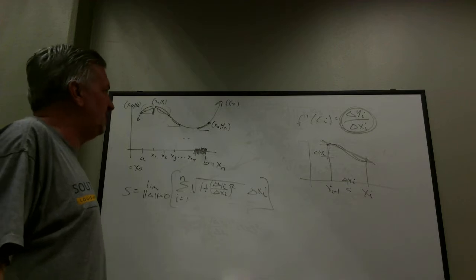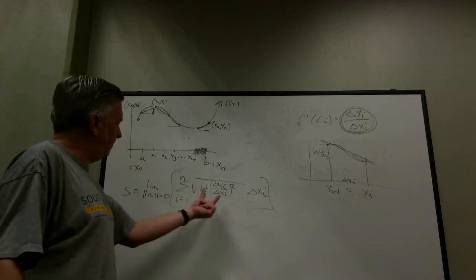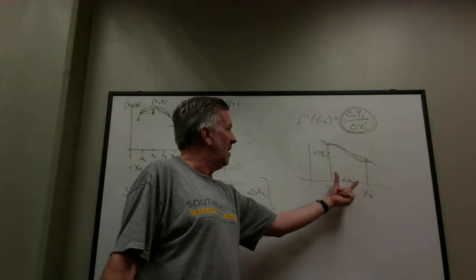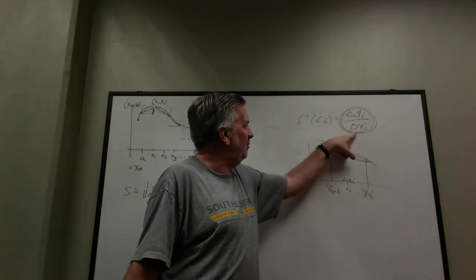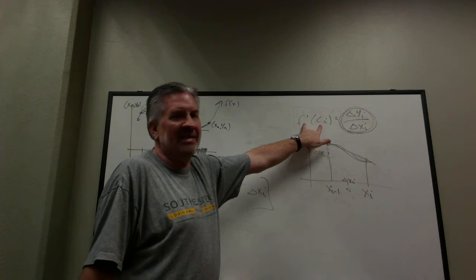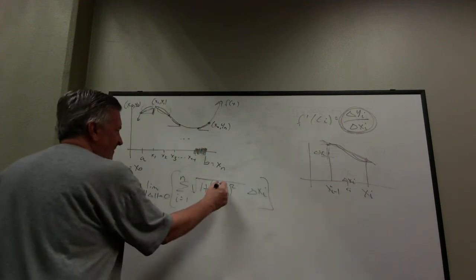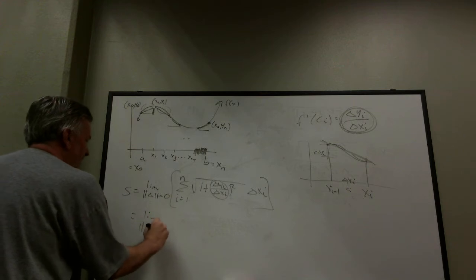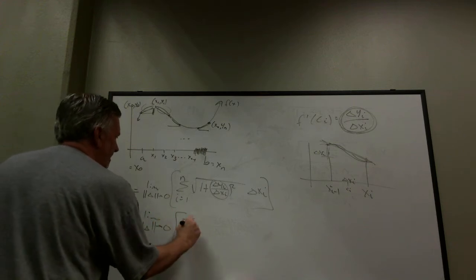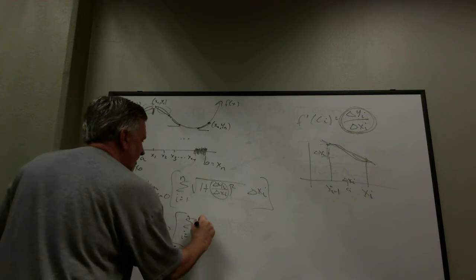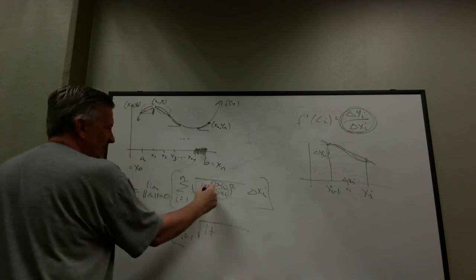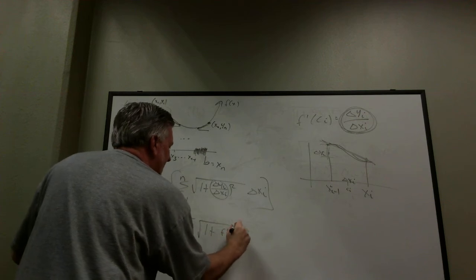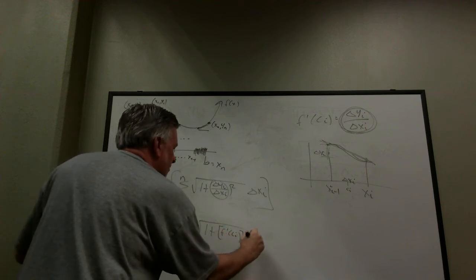So notice what we can do here, right? For each delta yi over delta xi, so for each interval, we can replace this weird expression with f prime of ci. So instead of that, square root of 1 plus, I can replace the delta yi over delta xi with f prime of ci, squared.